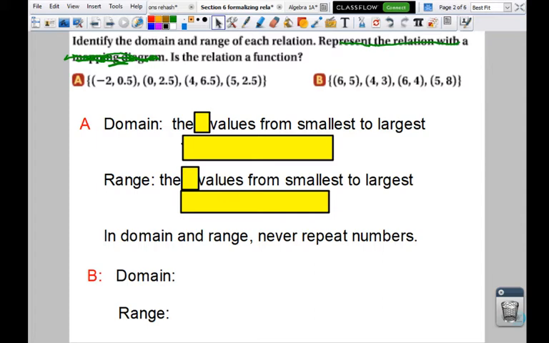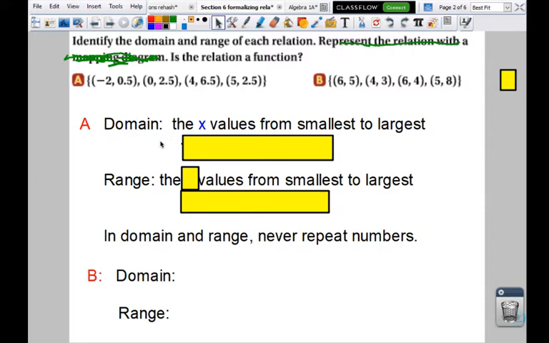So, domain. We're going to look at part A here, which is these lists of XY coordinates. A domain is all the X values from smallest to largest. When we look at domain and range, we never repeat numbers.